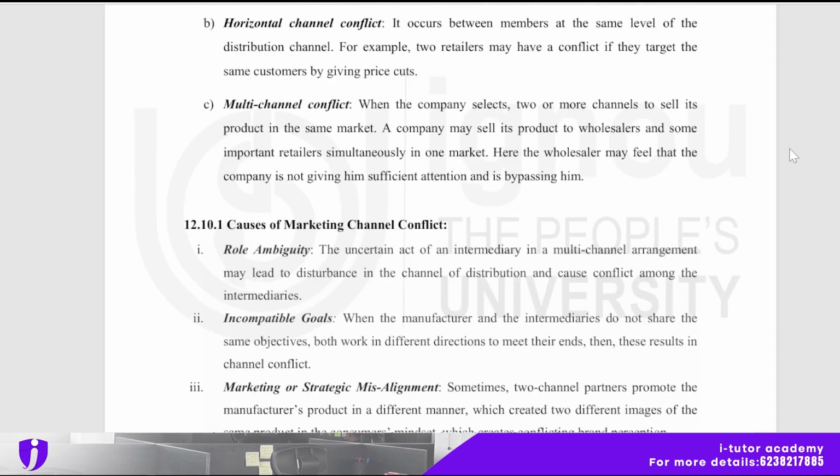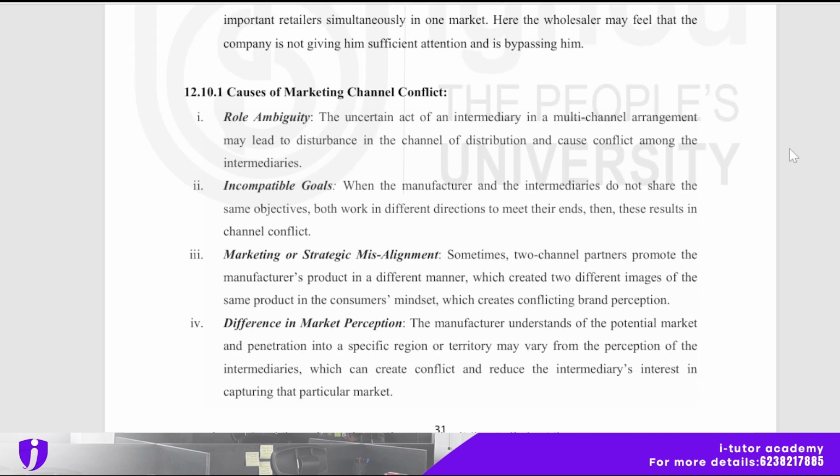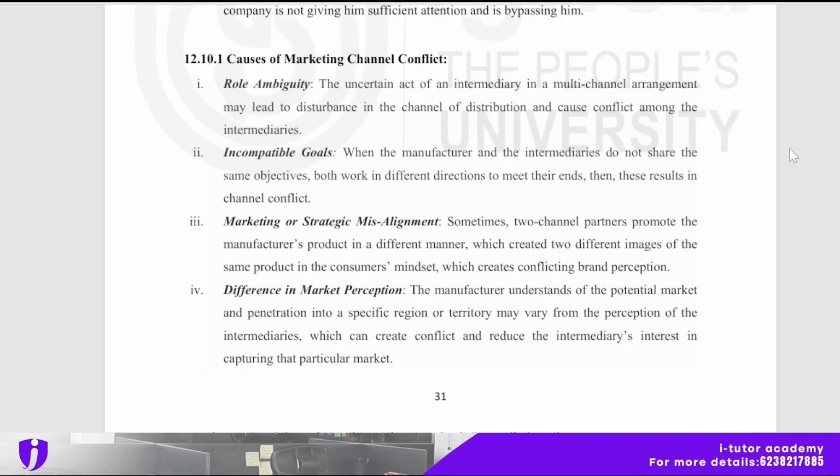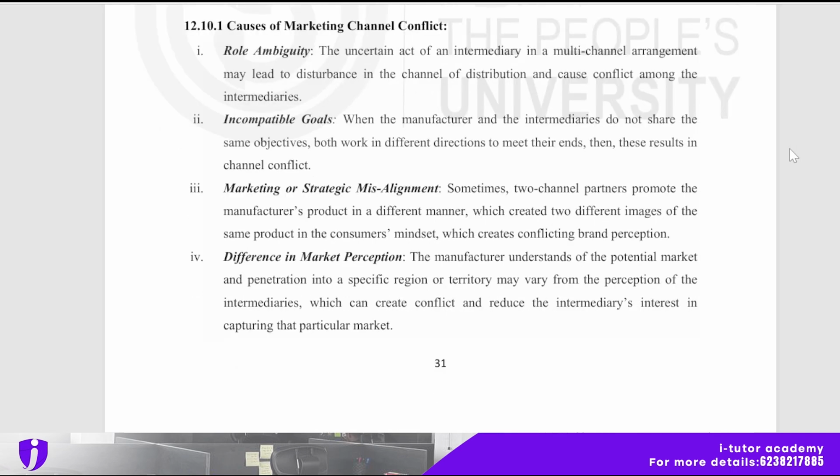Next is causes of marketing channel conflict. Role ambiguity: the uncertain role of an intermediary in a multi-channel arrangement may lead to disturbance in the channel of distribution and cause conflict among the intermediaries. Incompatible goals: when the manufacturer and the intermediaries do not share the same objective, both work in different directions to meet their ends, and this results in channel conflict.